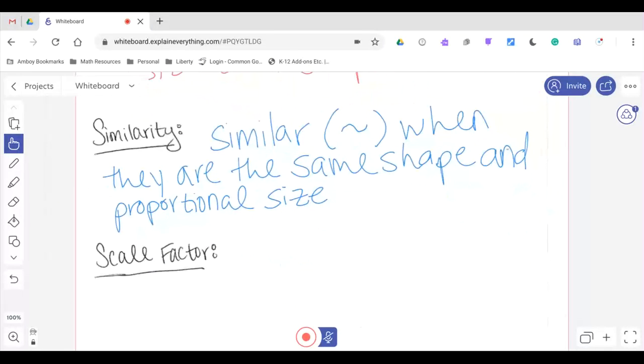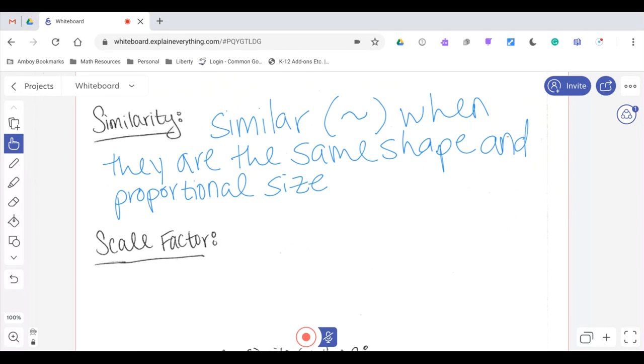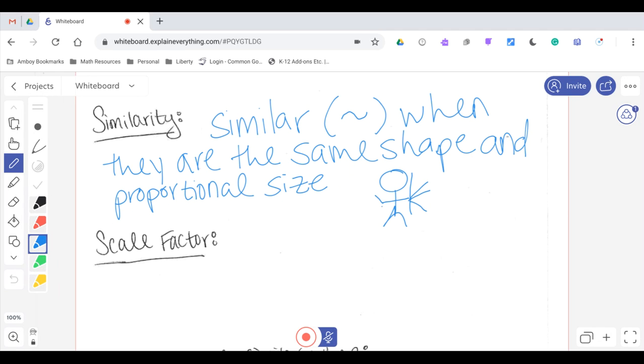Proportional is probably a word you have used before, heard of. It means that everything kind of matches in size or it makes sense in size. So, for example, if there was a person who randomly had a very, very large hand and then had a really, really little hand, you're like, that doesn't make sense. Maybe something's wrong with them medically.